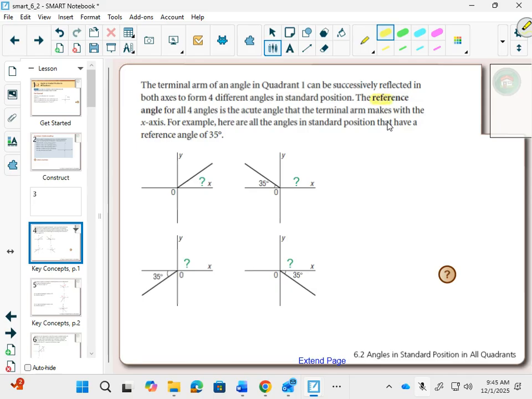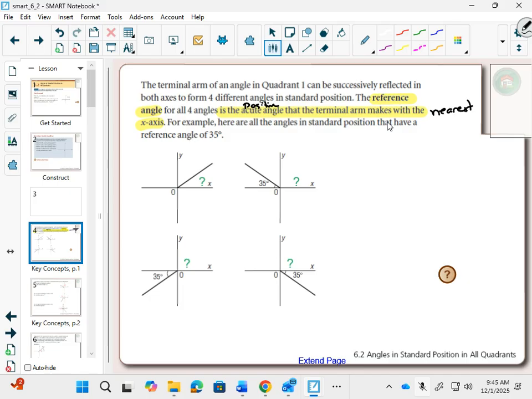An important definition to understand for what we're doing moving forward is something called a reference angle. Okay? And we're going to have to make sure that we add, it's the acute, and you can add the word positive there.